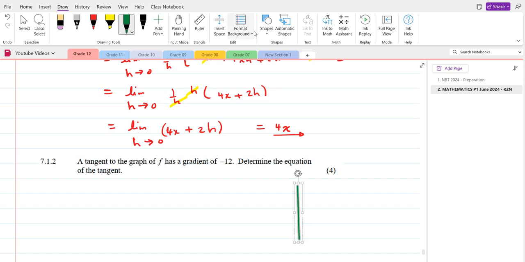Trying to understand this problem, alright? The tangent has a gradient of negative 12, so obviously the tangent will be on this side.